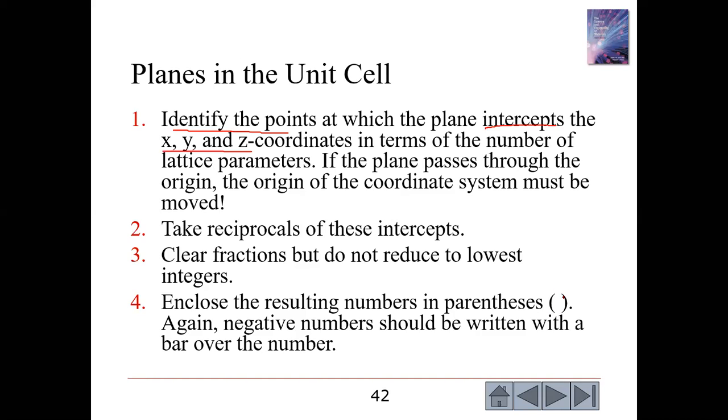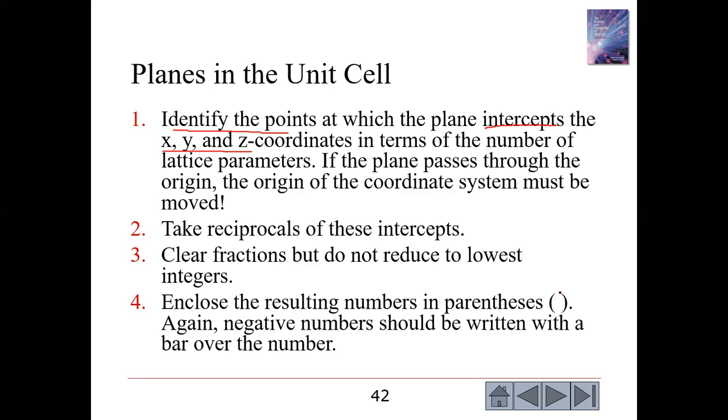Remember that I have seen students making this mistake, particularly in exams, when I give them directions and ask them to write Miller indices for those directions. They write the numbers correctly, but they enclose them in parentheses. That is wrong.